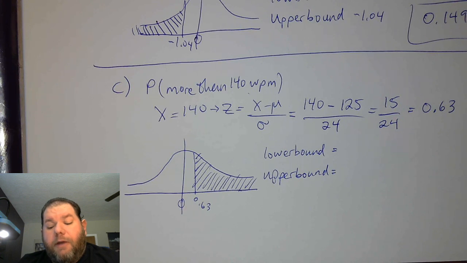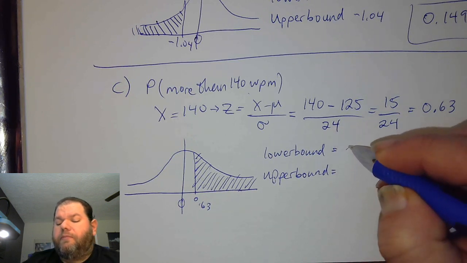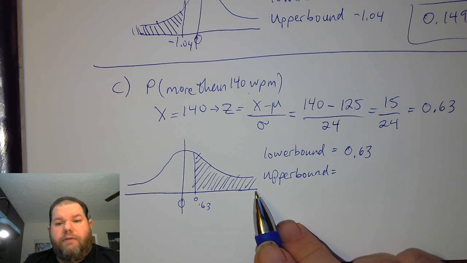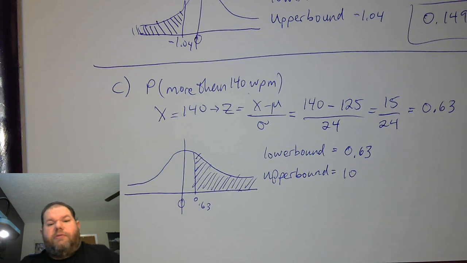Okay, the boundaries, or the bounds, as we call them, are the edges of the shaded area that we just sketched in. So we notice that the left edge, the lower edge, is at 0.63. And the graph continues to the right from there, so we'll say it goes up to 10. Now, technically it goes much higher than 10, but as far as the calculators are concerned, 10 is as good as anything else.